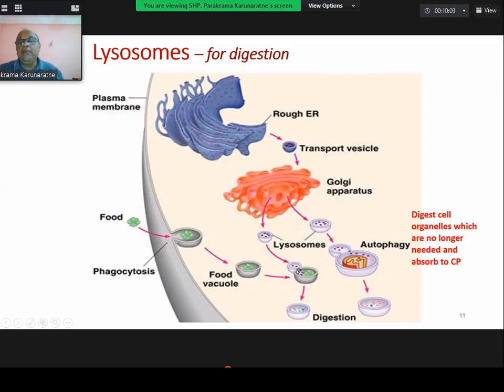This is very serious because if lysosomes burst inside the cell or leak, these enzymes can digest the cell. They make sure the enzymes are not leaked; they only put the enzymes inside the food vacuole, so the food is digested and can be absorbed.